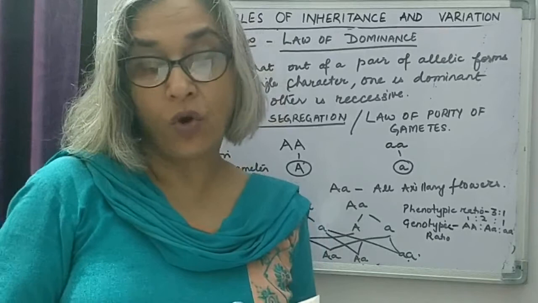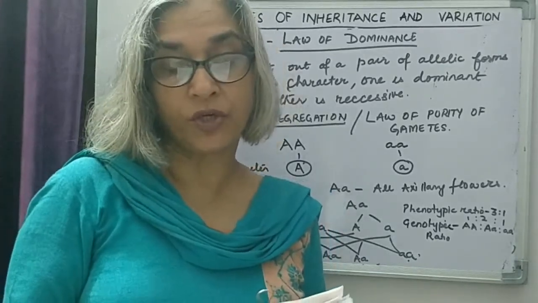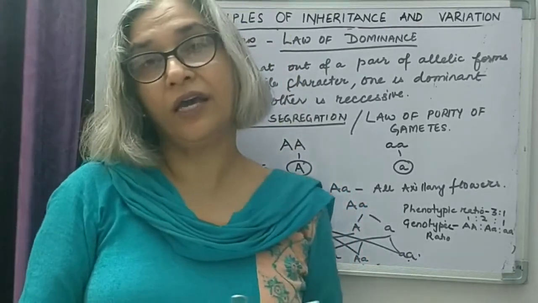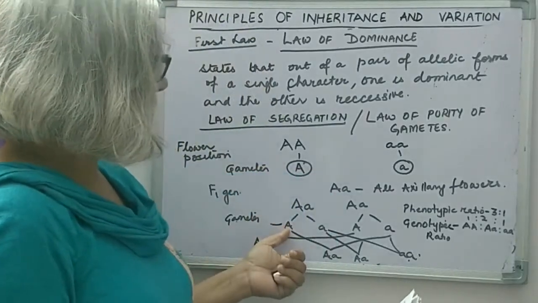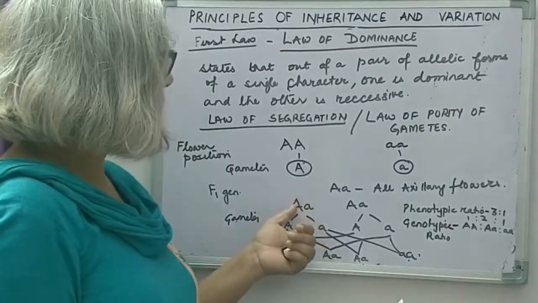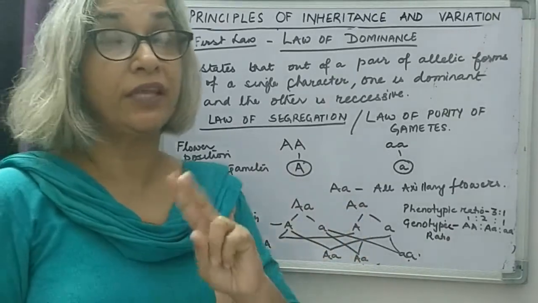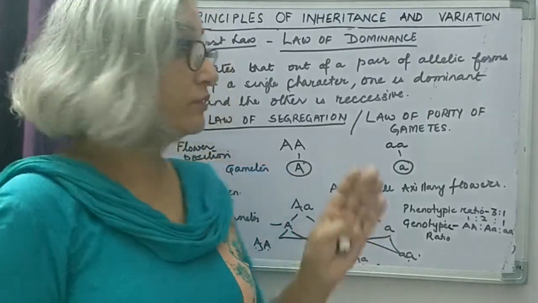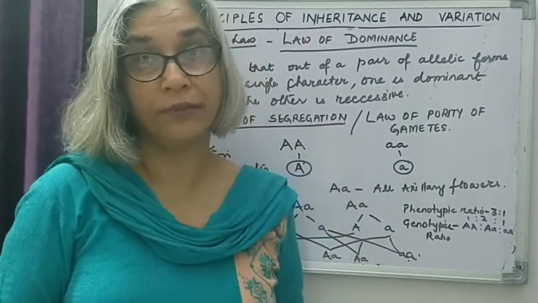They separate or segregate at the time of gamete formation, so that a gamete carries only one factor, either dominant or recessive. Like these are the gametes. The gametes carry either the dominant factor or the recessive factor, never both. Both are present together in the F1 generation, but they are not mixing. They are pure. So this is law of segregation or law of purity of gametes.